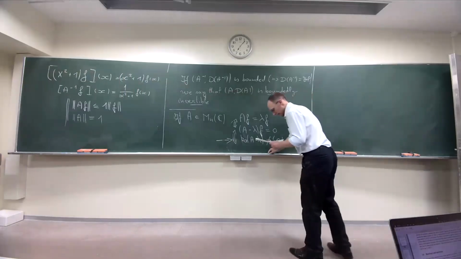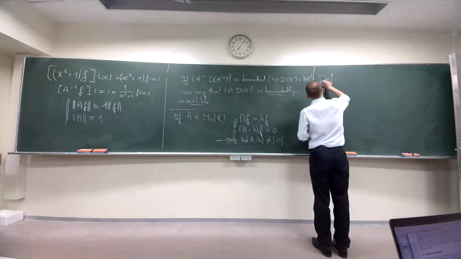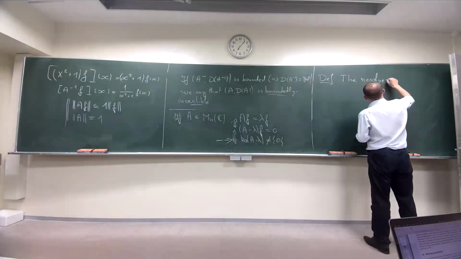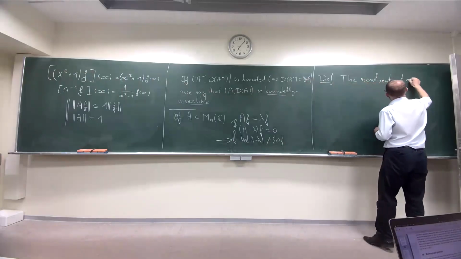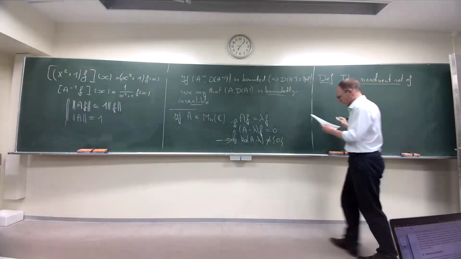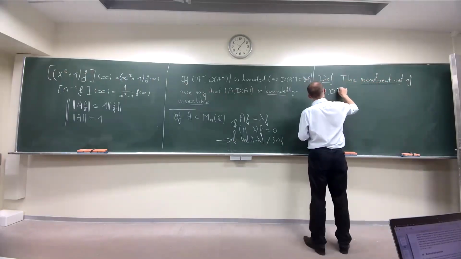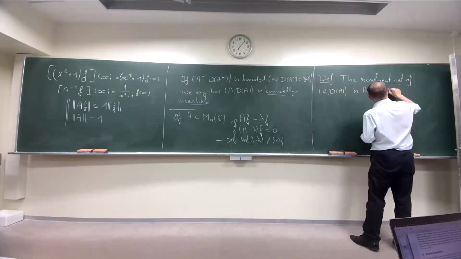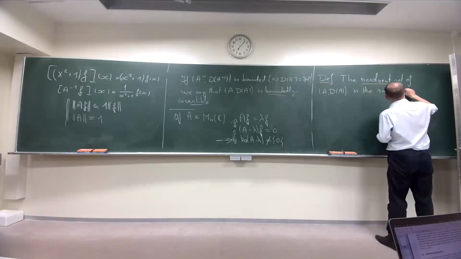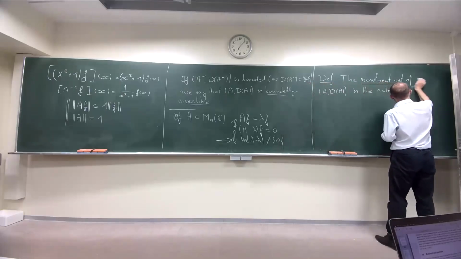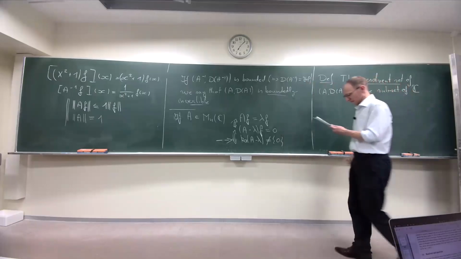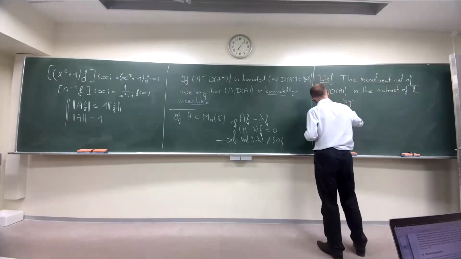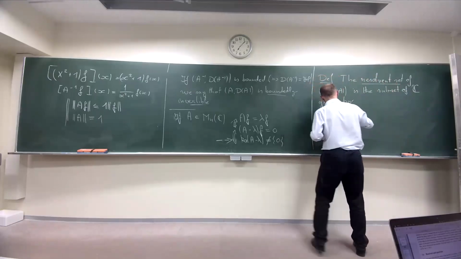So let's look at this definition. First, the resolvent set of A is the subset of C given by, so it's denoted by rho of A. This is a general notation.